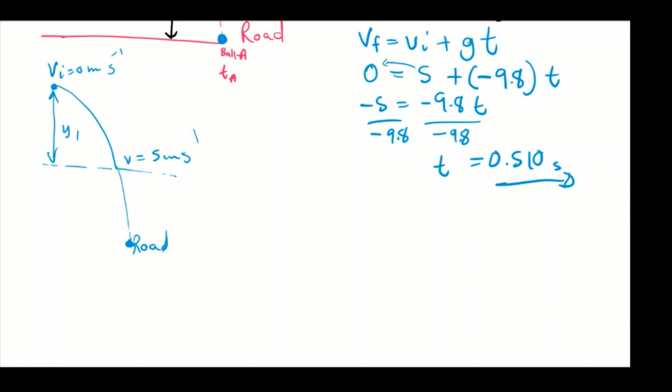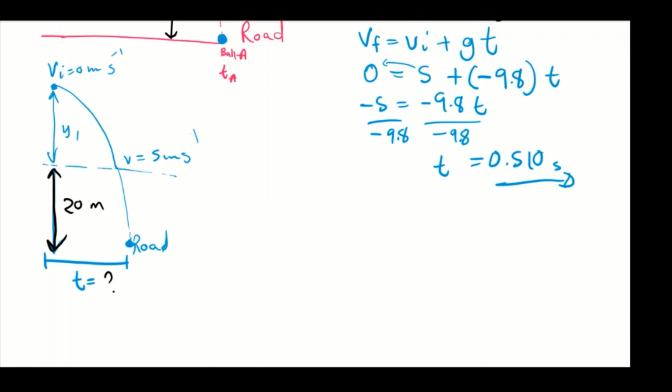So now we're interested in the time it will take from the maximum height all the way to the road. t is equal to, so what we will do is first find the height, because we already know the height from this point is given as 20 meters.